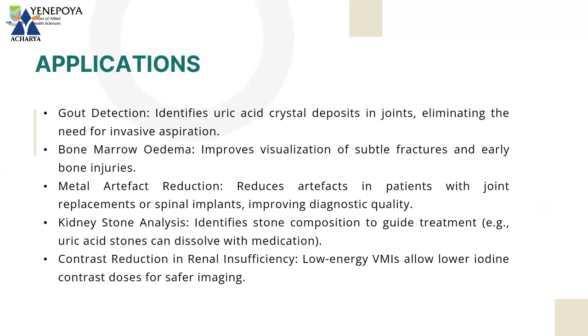It will also help in the reduction of artifacts which is usually seen in patients with implants, or any patient who has undergone joint replacement surgeries or anything as such. So this will also help in the reduction of the artifacts.